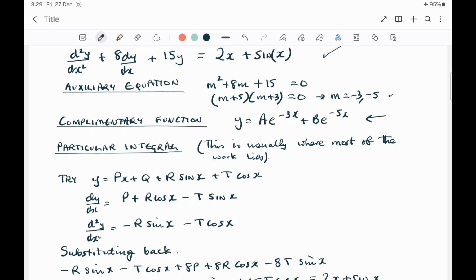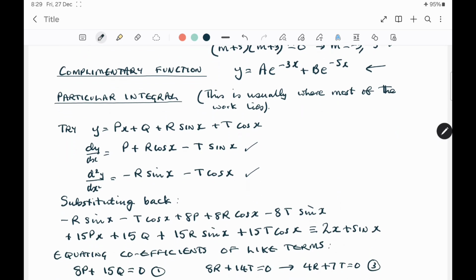So, we want to try y = px + q + r sin x + t cos x, because this expression has to be a generalization of the one that we have been given, in other words, 2x + sin x. Now, if we differentiate that, we'll get p + r cos x - t sin x, and differentiating again, we'll get -r sin x - t cos x.